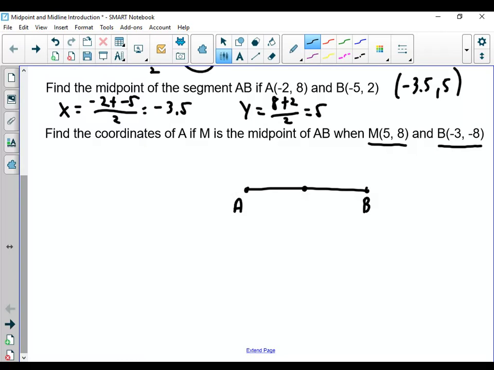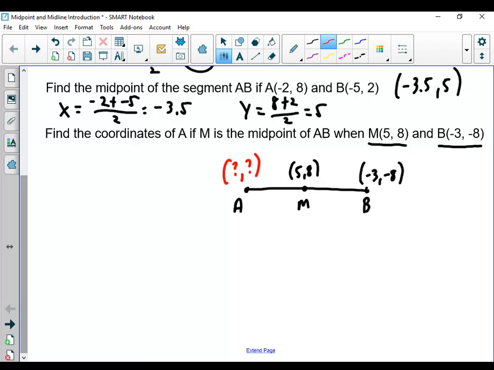We've got this point here of M. I want to know what the coordinates of A are if I already know what the coordinates of M and B are. So somehow I got to figure out, okay, what are the coordinates of A?